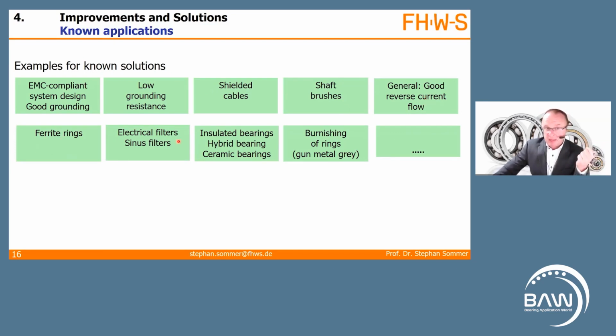Farad rings, electrical filters like sine filters, and of course, insulated bearings, hybrid bearings, or full ceramic bearings are solutions, or burnished rings, gunmetal gray rings are a solution too. Let me start with these 5 here on top.